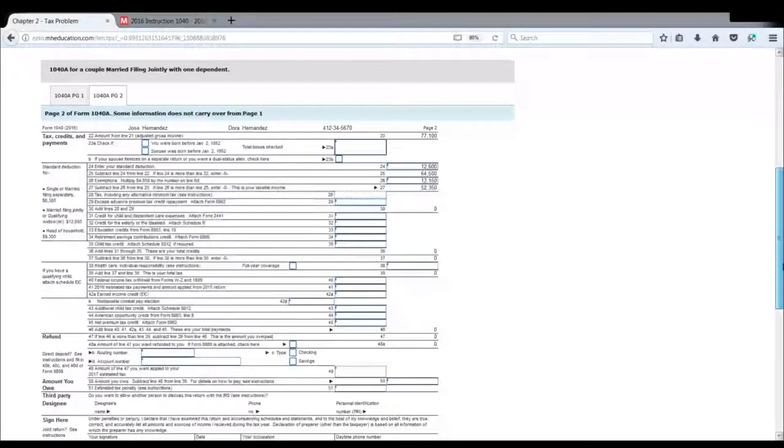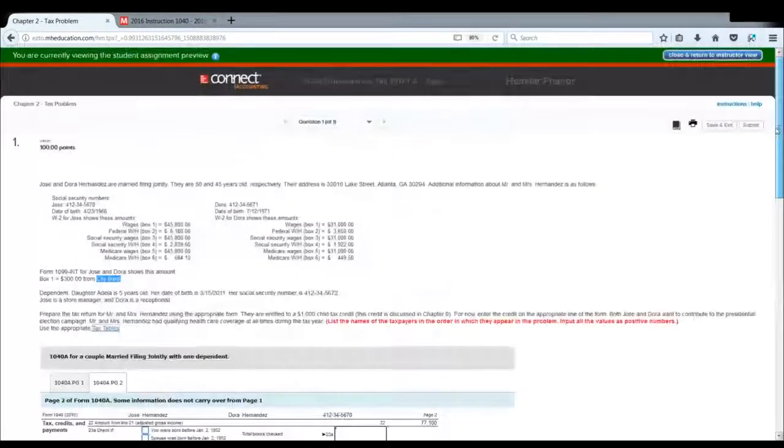What is this? Tax including any alternative minimum tax. So we're going to say, is that the tax that they paid? Yeah. Put the tax liability, subtract, let me see here. What was their tax? No, that wasn't the tax paid.